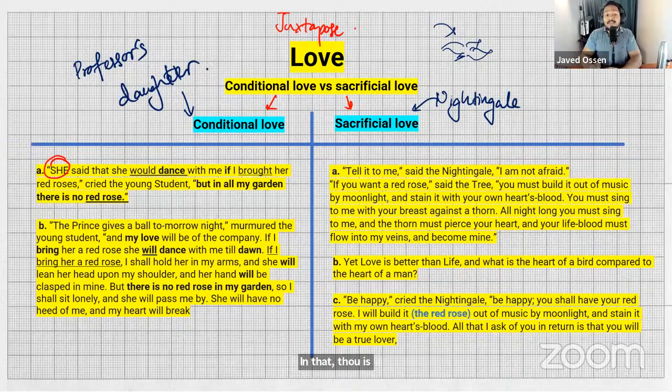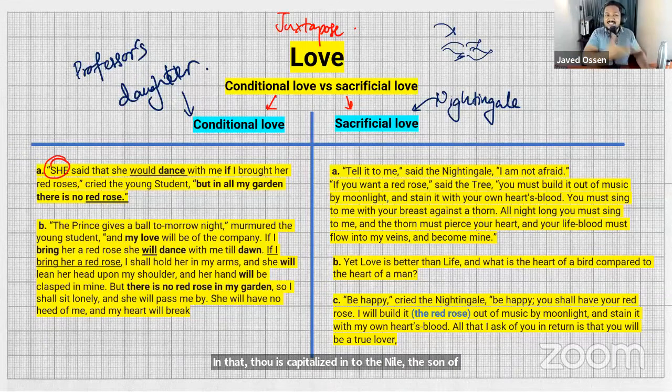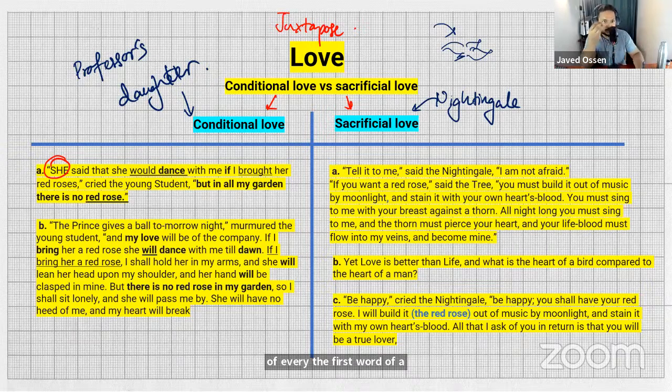In To the Nile, "Son of the old moon mountains, African" is the first line, and "Son" is capitalized. So usually it's a tradition to capitalize the first word of a creation, but it also shows importance. When you capitalize something, it gives importance.